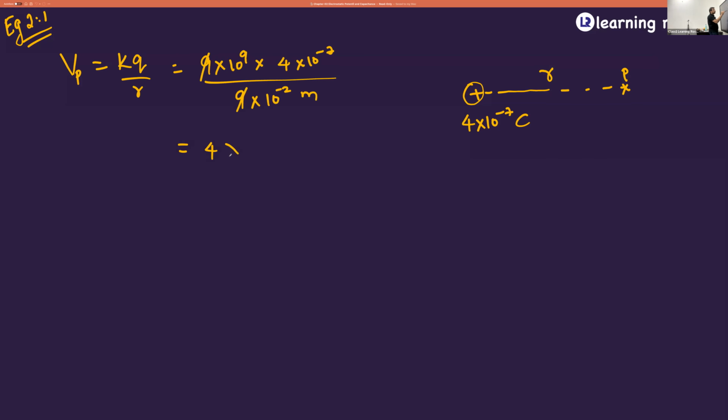So you will be left out with 4 into 10 power 2 into 10 power 2. So it is going to be 40,000 volt. Sorry, I forgot to tell this. The joule per coulomb is actually volt. So answer will be 4 into 10 power 4 volt.